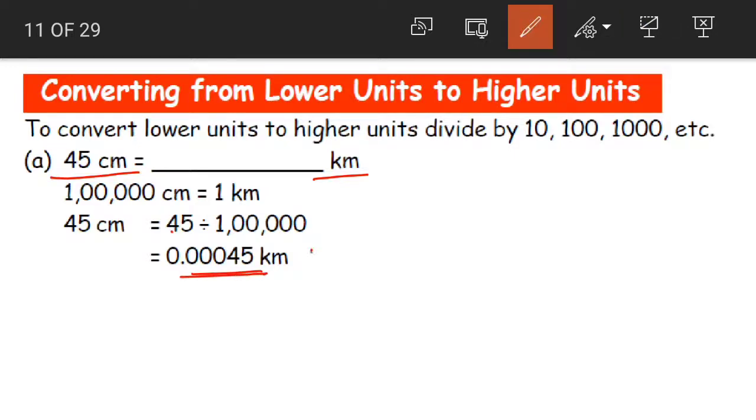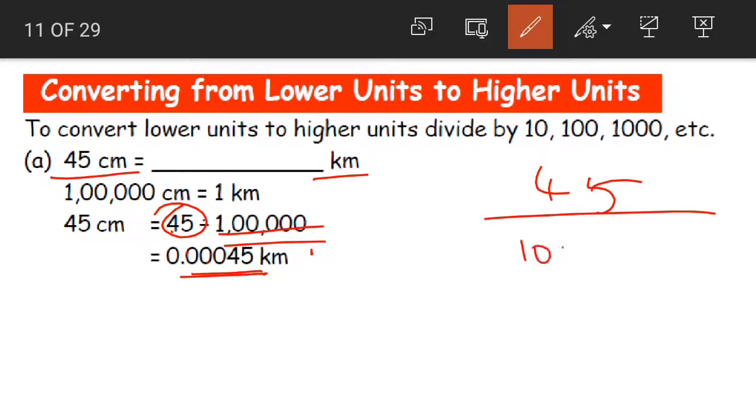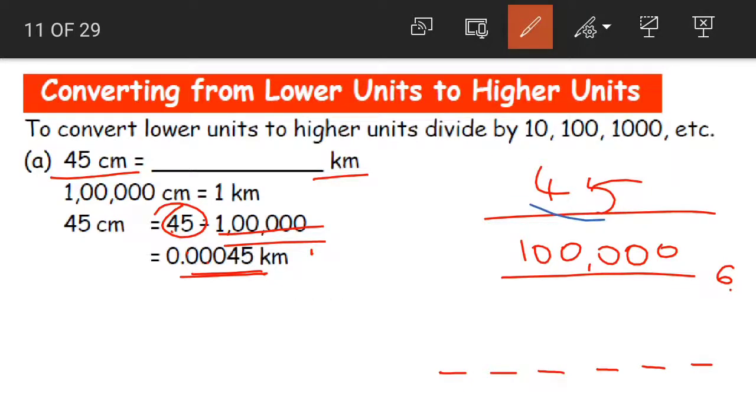So what do we need to do here? We need to simply divide the given number by 10, 100, 1000 or 1 lakh depending on the given units. So again, let us revise how to convert this into a decimal number. The denominator is having 6 digits, so we need to write our numerator also as a 6-digit number.